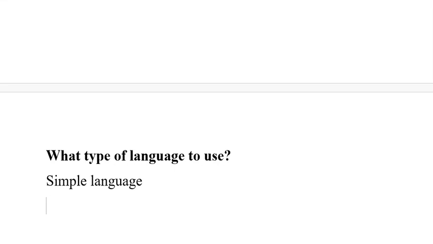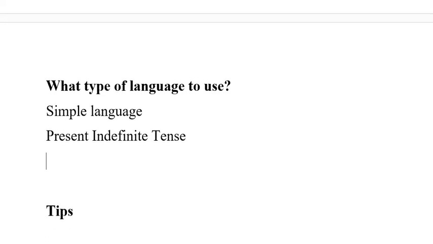As far as structure is concerned, you can use the present indefinite tense. Using simple present tense will have a good impact, because whatever you express in simple present tense is something interesting or something you want people to focus on.